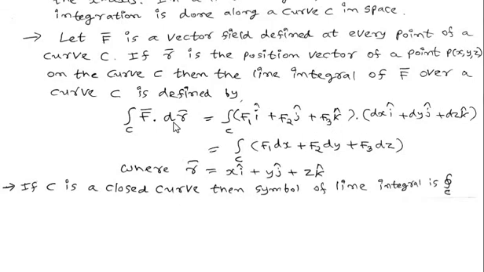R bar is a position vector, that is xi plus yj plus zk. So dr bar will be dx i plus dy j plus dz k.